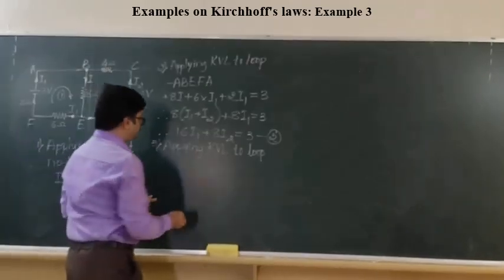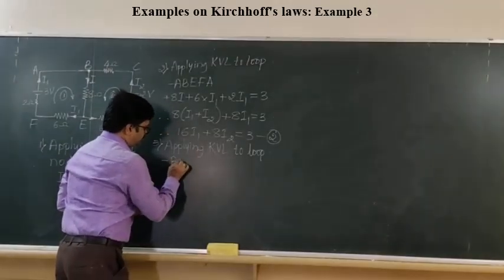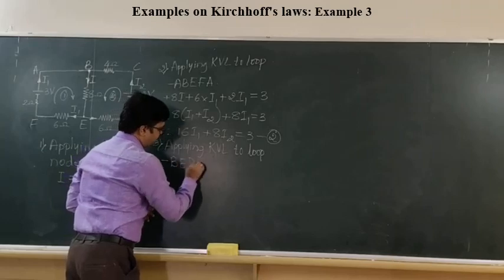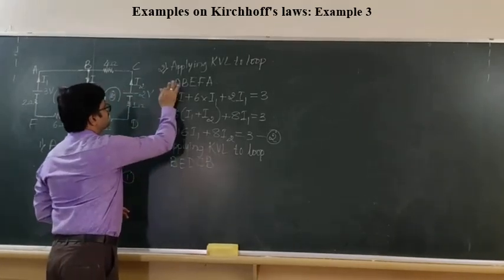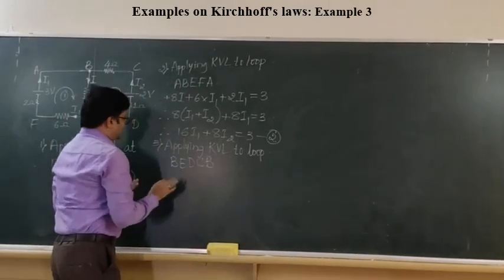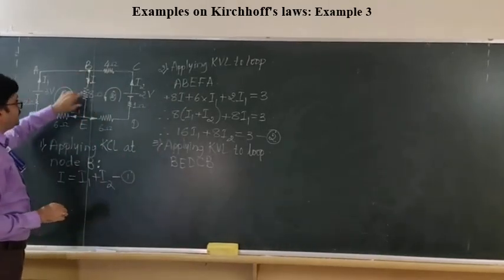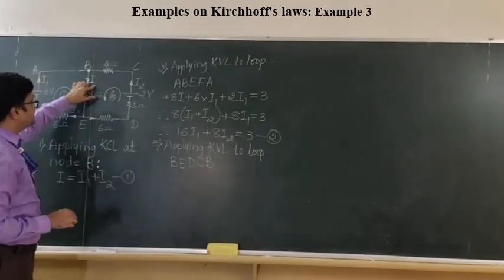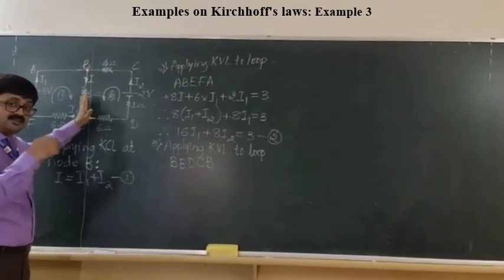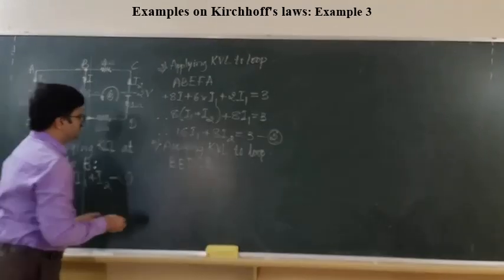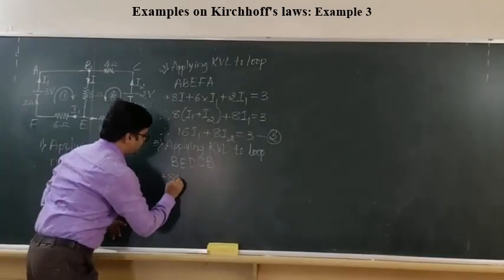So that is the loop that I am considering. Moving from B to E, we are having current I and direction of traverse the same. Their directions are same, right? So hence I will take this as plus 8I.